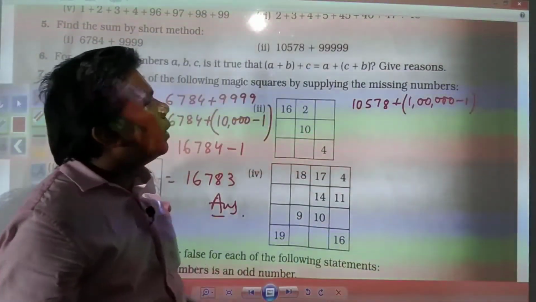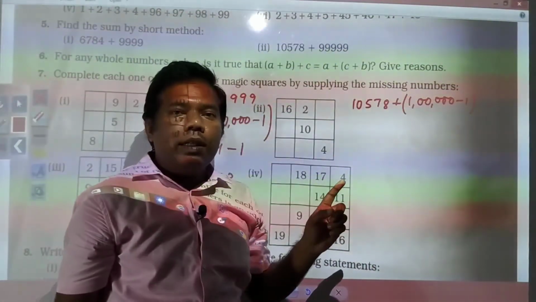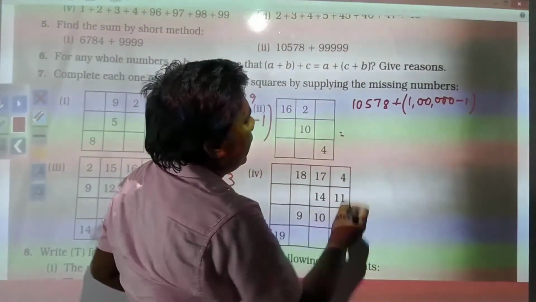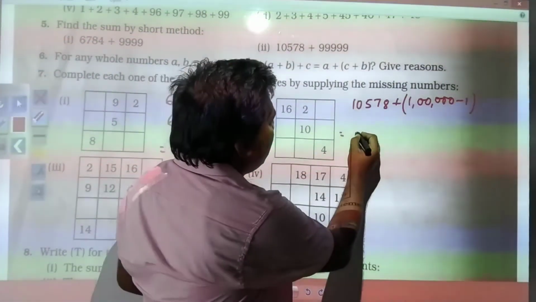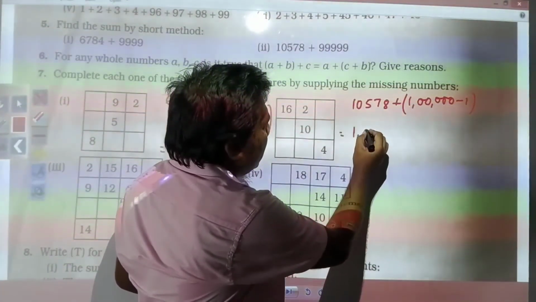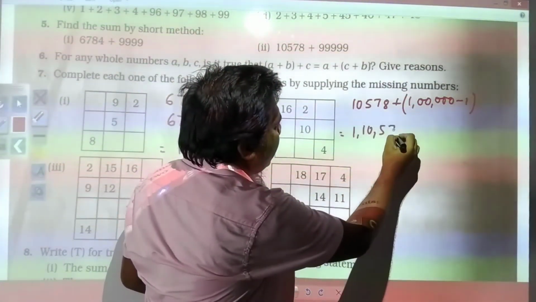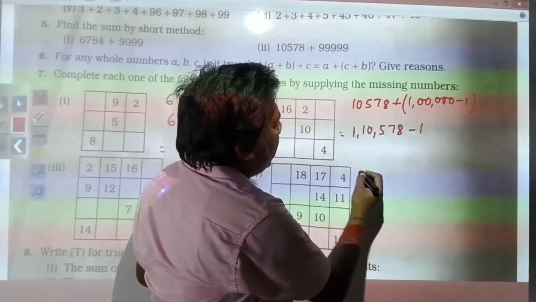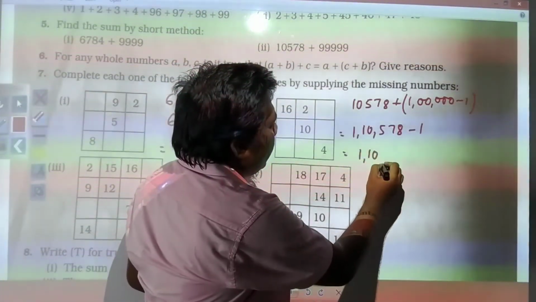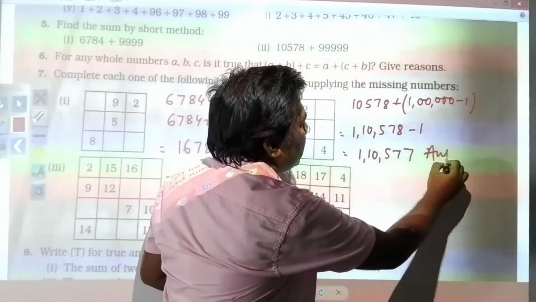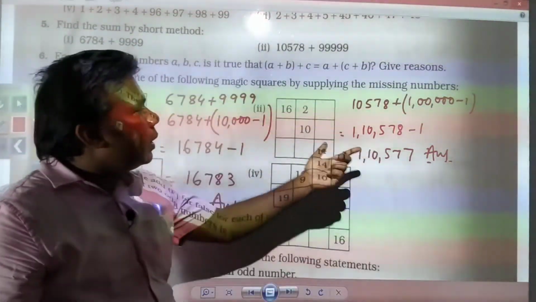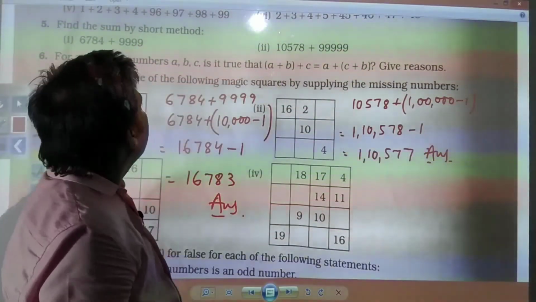So you will get 99,999. Now it can be written as, here you have 10,578. So 1 lakh plus 10,578 and minus 1. It means 1 lakh 10,577, and this will be your answer. So in this way, this is required to be done.